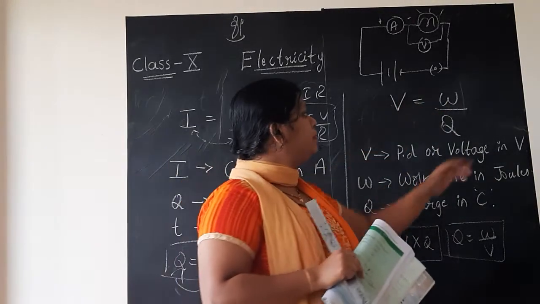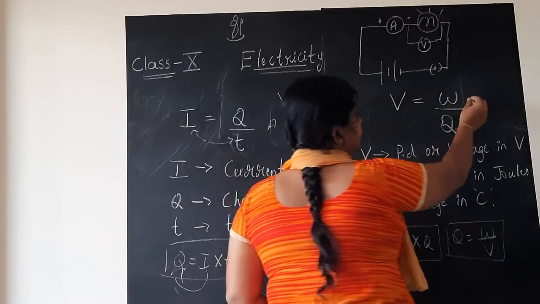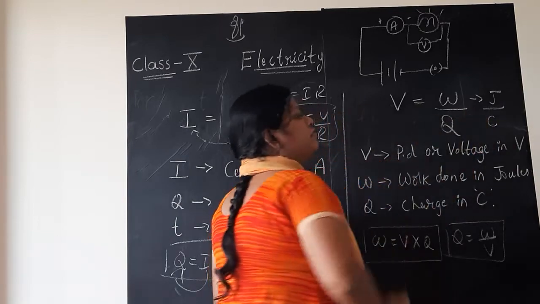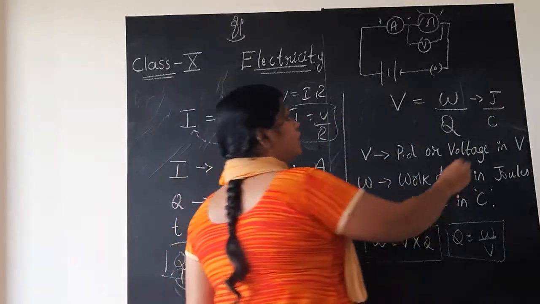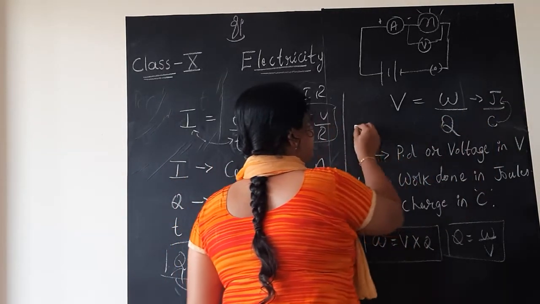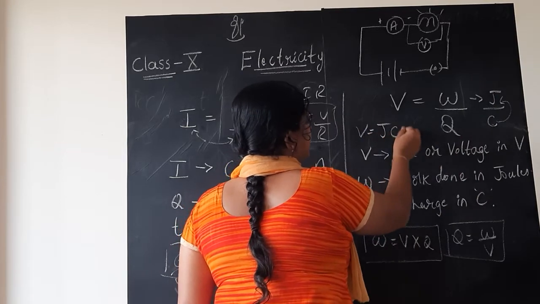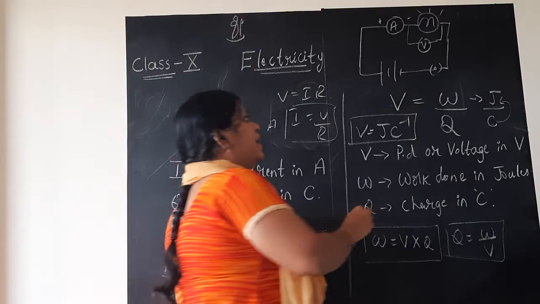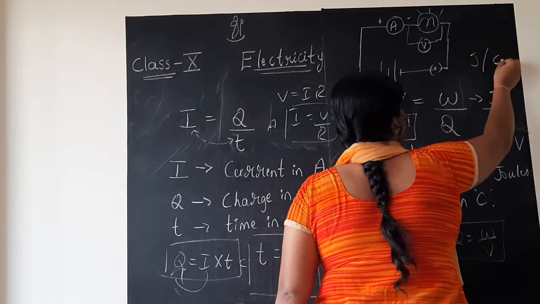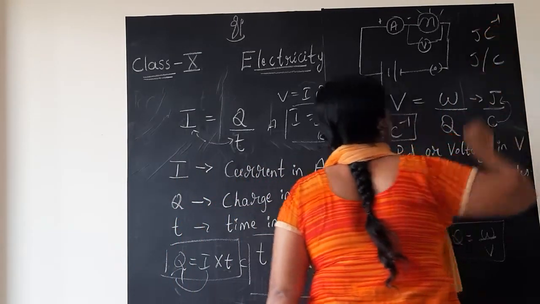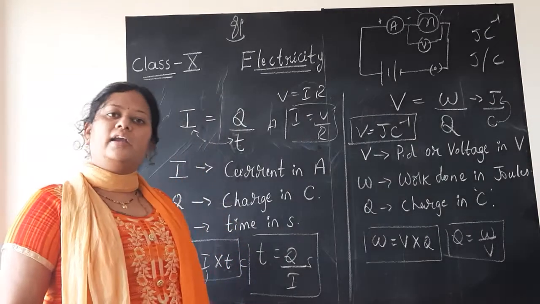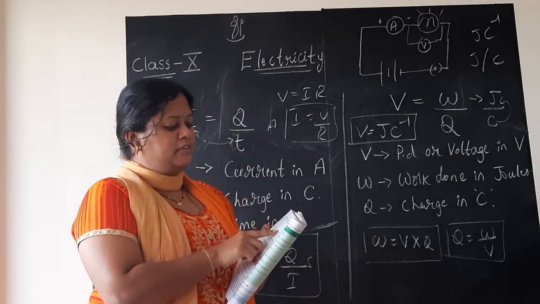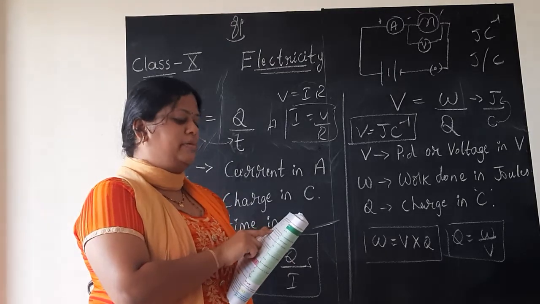For W by Q, the unit of work done is joule and the unit of charge is coulomb. So it becomes J C to the power minus 1, or joules per coulomb. Both are correct.